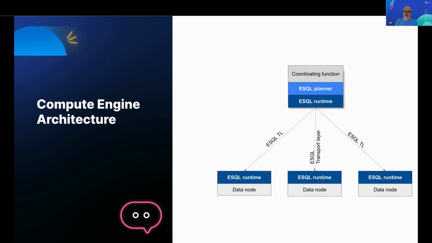The planner needs to figure out which nodes need to be coordinated with and passes down the request. The ESQL runtime then executes the search on the data node. This involves examining the relevant segment files in order to build the response. Ultimately, the results are stitched together by the coordinator before they are returned to the requesting client.